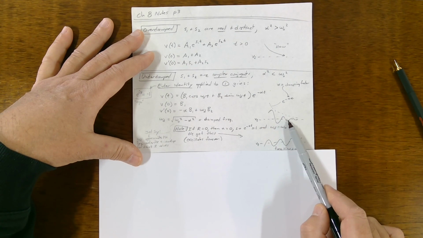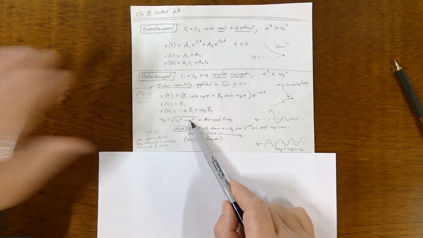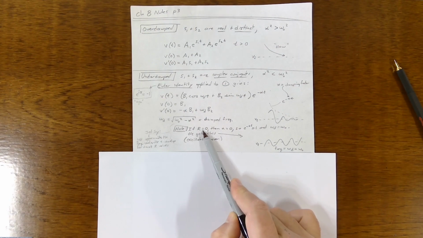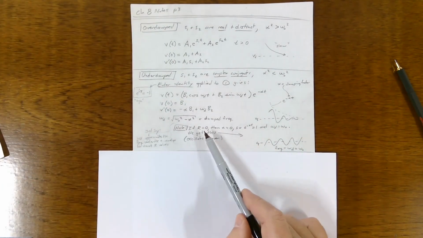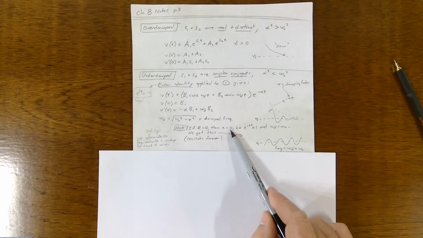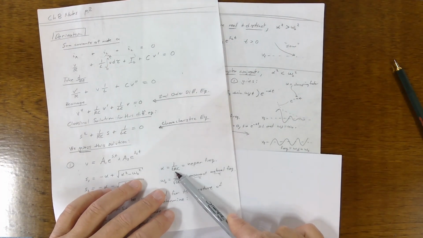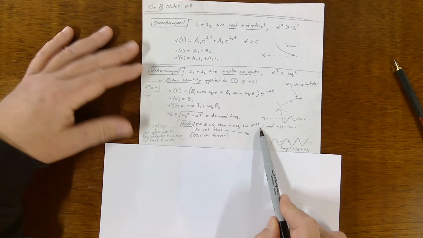If you have no damping, it will vibrate forever. That's also true here. If R were 0, right? If there were no resistance in the circuit, then alpha will be 0 because alpha is 1 over 2RC, and so this guy here will be 1, right?